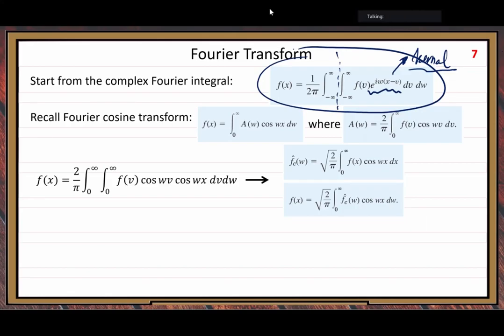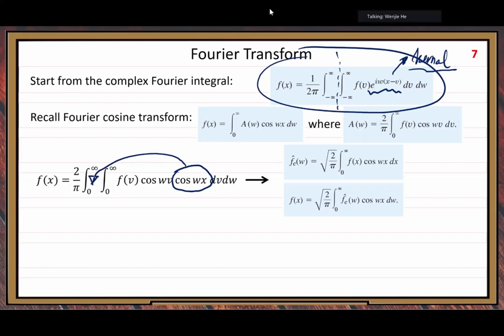In the Fourier cosine transform, this formula tells us about the inner integral part. Can this cosine wx be moved out of the inner integral?